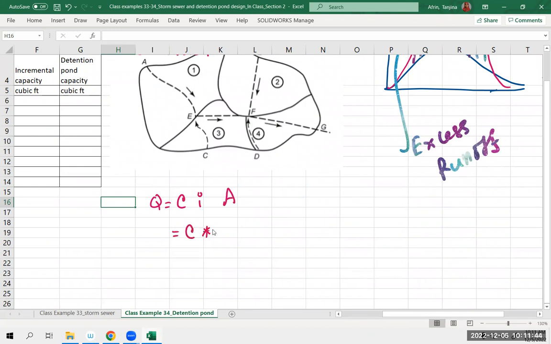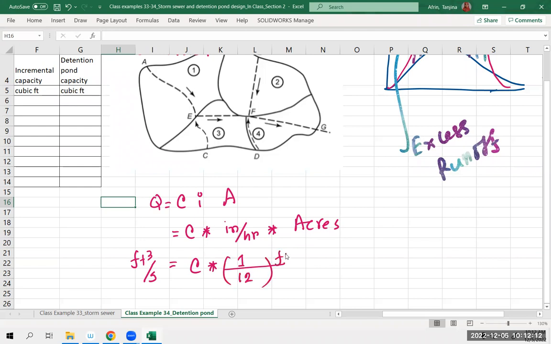C is C. I don't need to do anything. Inch per hour, acres, right? Now, this one should be feet cubed per second. So from inch, how can I convert that into feet? I need to divide that by 12. Okay, so that is the feet.